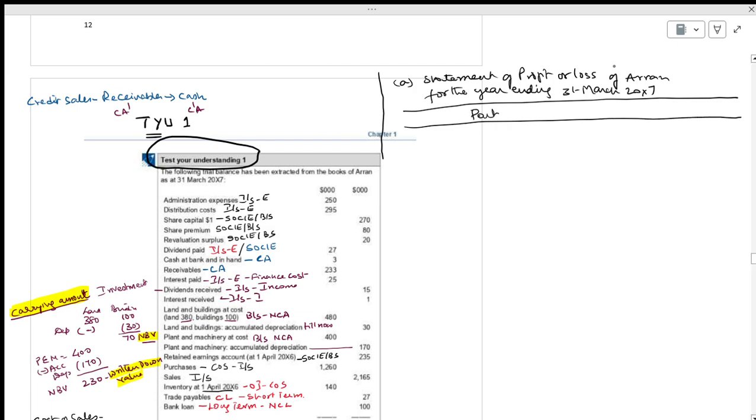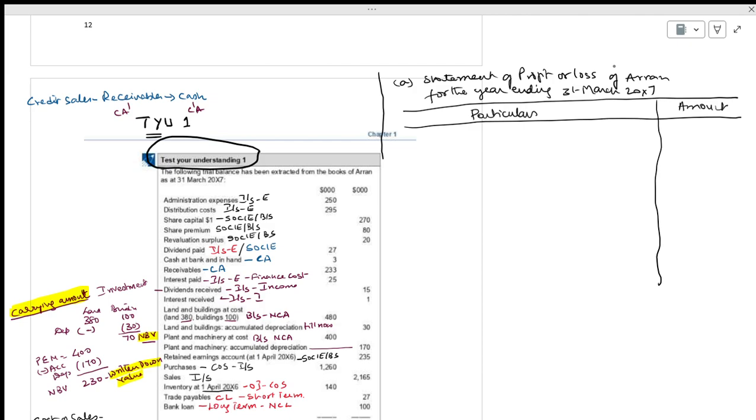If you are doing it on an Excel sheet, I will appreciate it. If you are doing it on paper, that is also fine. But slowly and steadily, we have to do it on an Excel sheet.